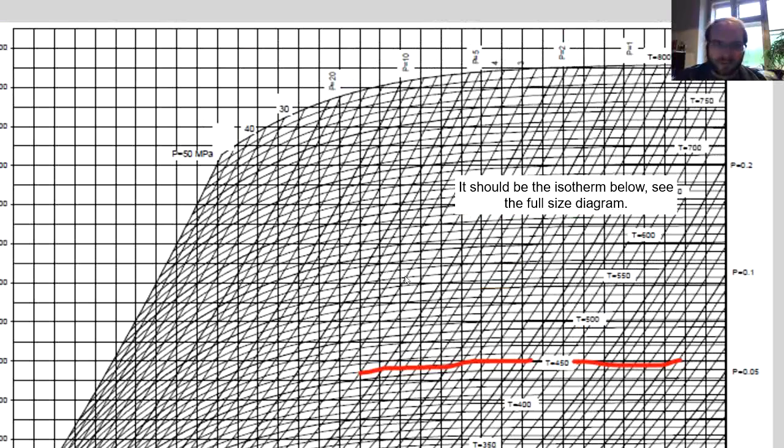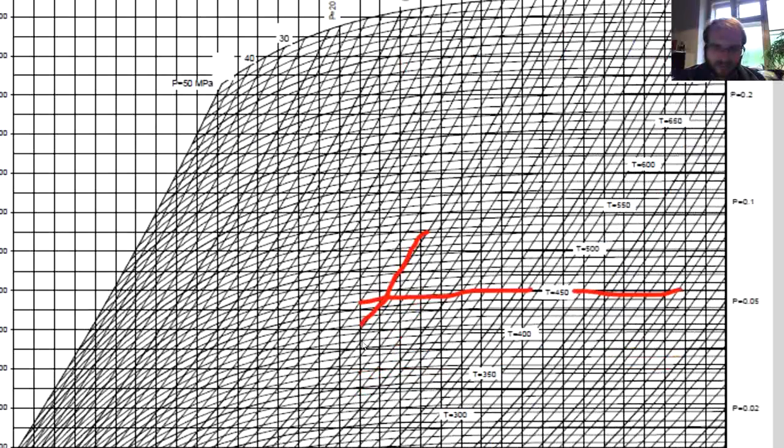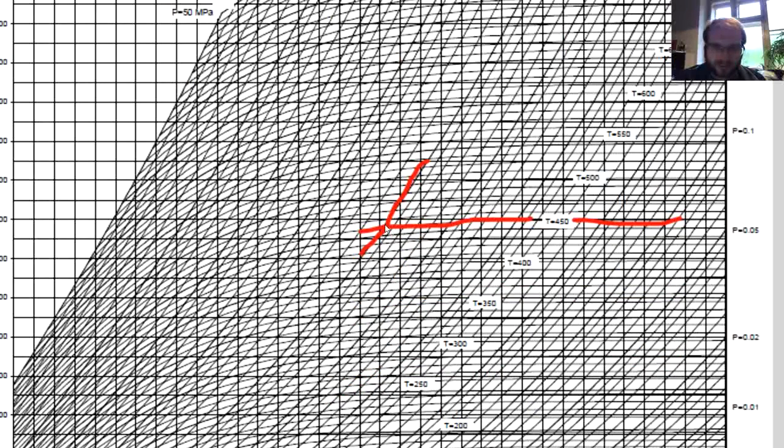And the pressure at the turbine inlet was 2 megapascals, so we can see P equals 2 megapascals is this line in here. So we can follow this line, the isobar of 2 megapascals, and we can find the point at the turbine inlet.